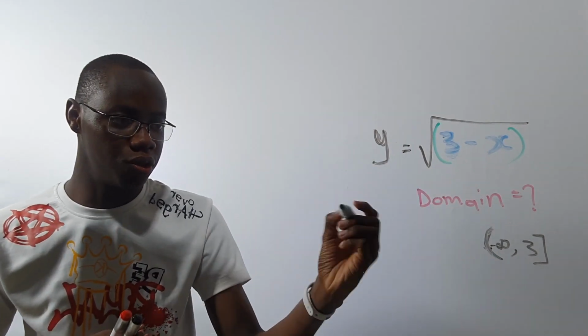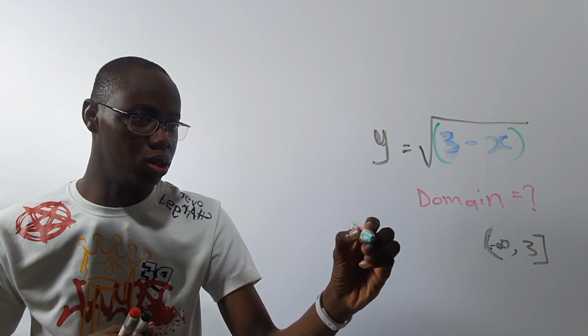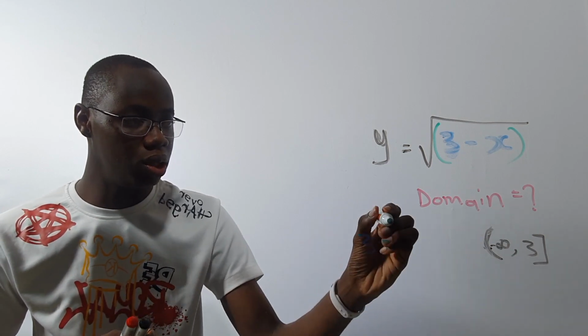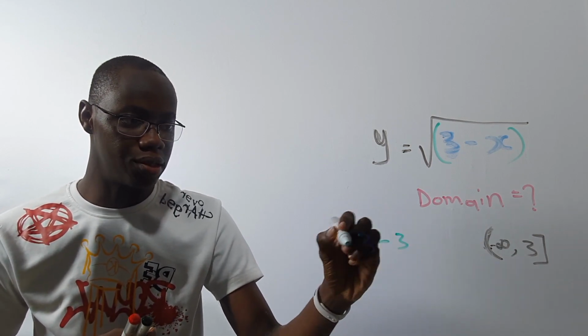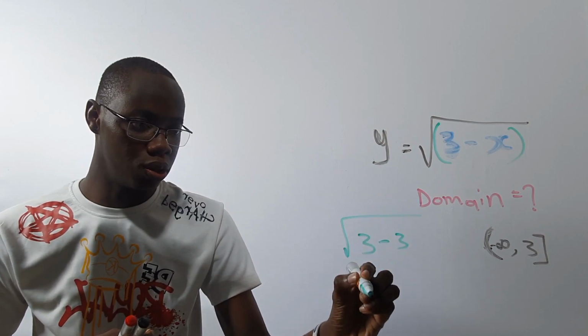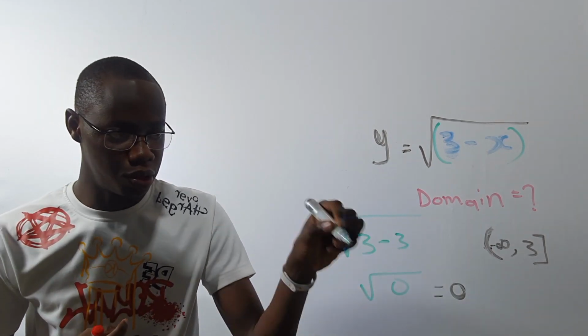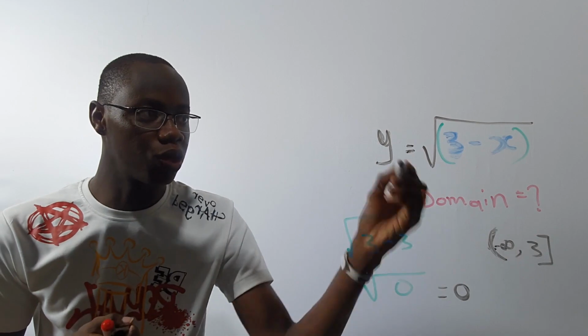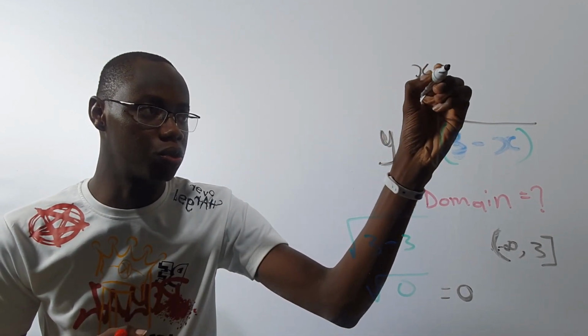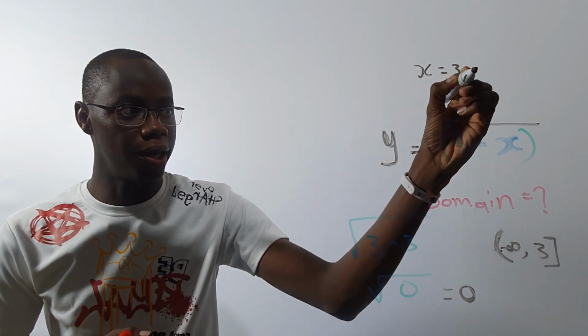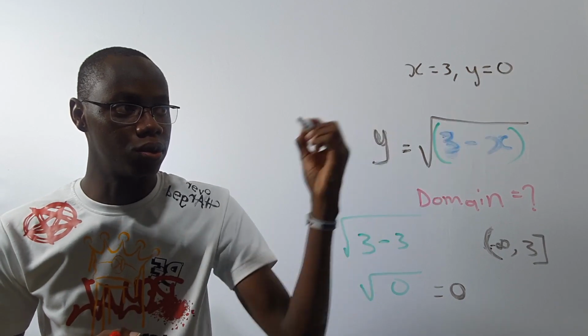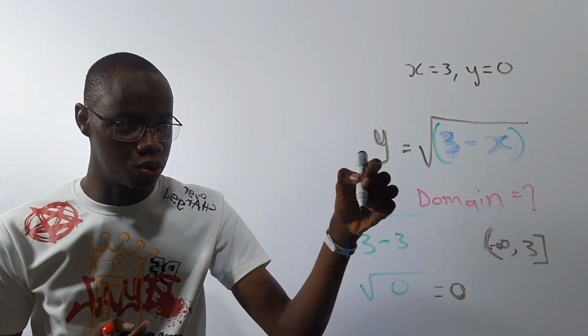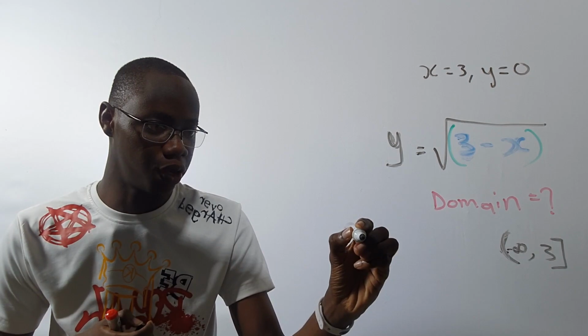To get the range, let's start with 3. 3 minus 3 is 0, so the square root of 0 is 0. That means when x is equal to 3, y is equal to 0. Let's try 2.